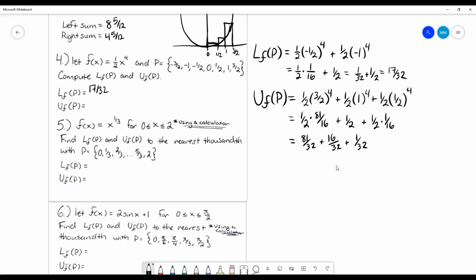So let's see, that's going to be 97, 98 over 32, and I think 32 times 3 is 96. So this is going to be 3 and 2/32 or 3 and 1/16.